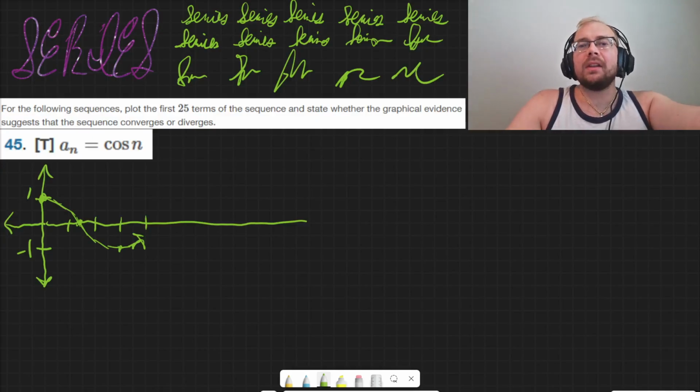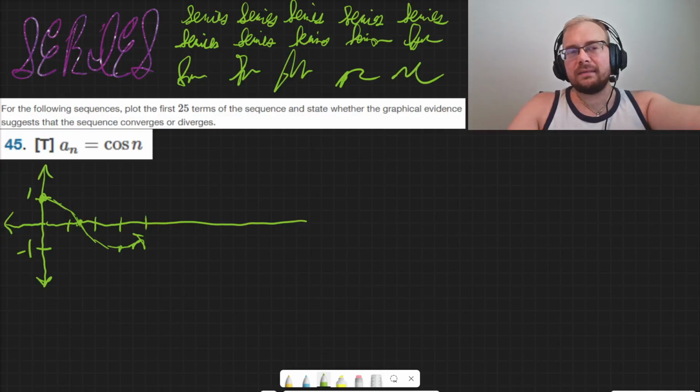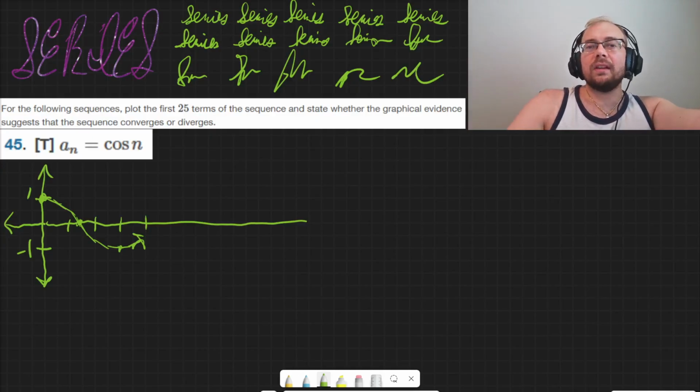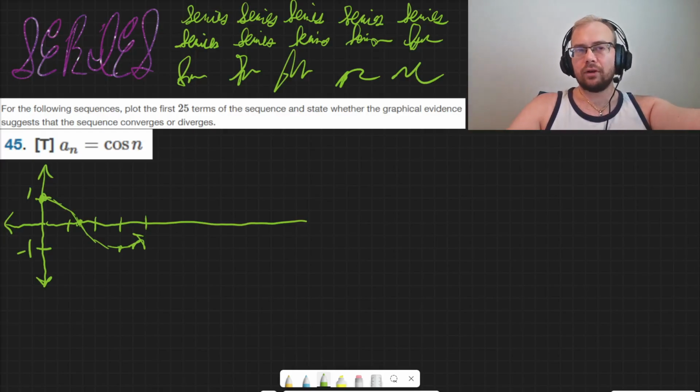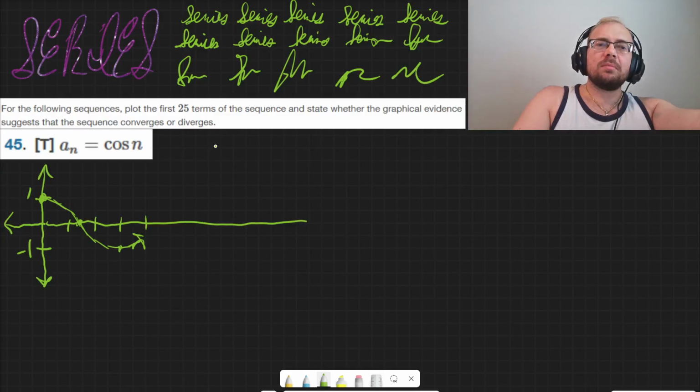Then you would say, oh, hey, look, it's not converging onto anything. It's just waving. Imagine that. So you would say that the graphical evidence suggests that the sequence diverges. You would say it diverges because when we ask if the sequence converges or diverges, we're asking whether the limit is some sort of constant.